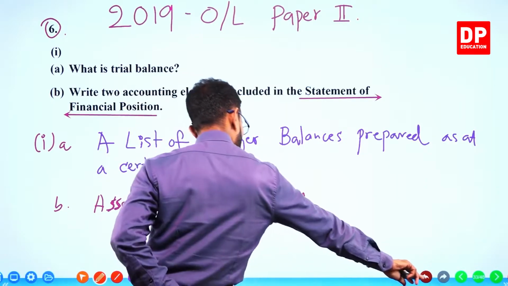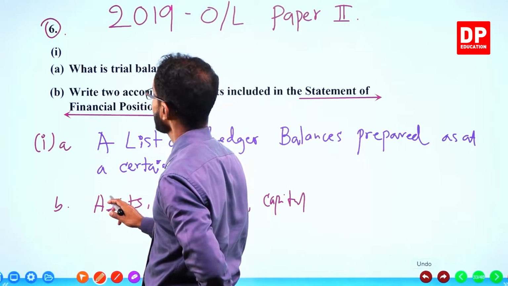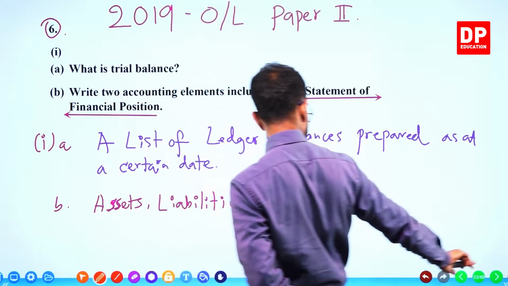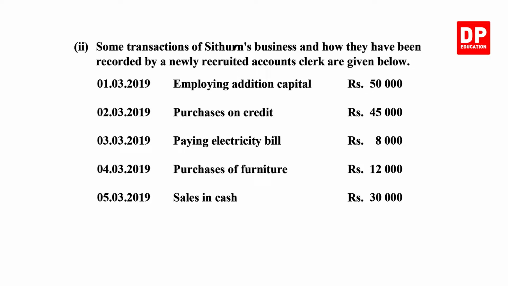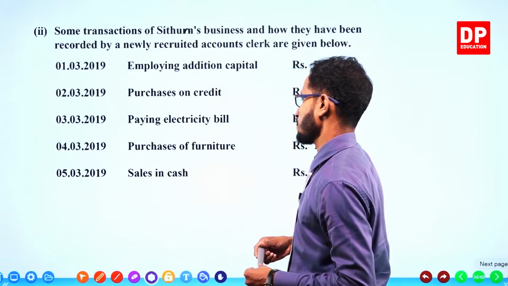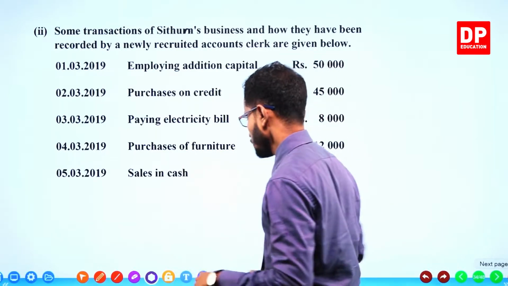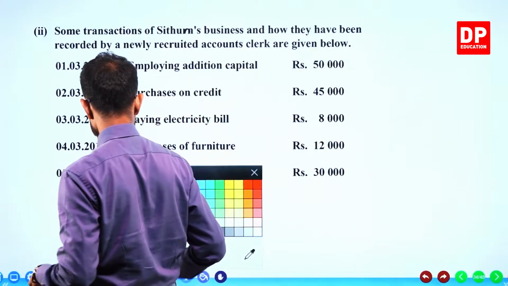Right, moving on to the second part, Roman number 2. Some transactions of Situm's business and how they have been recorded by a newly recruited accounts clerk are given below. Now we have some transactions here. How many transactions are given to us?